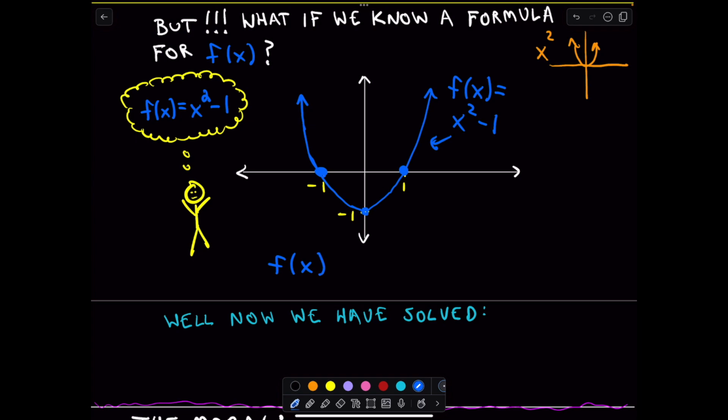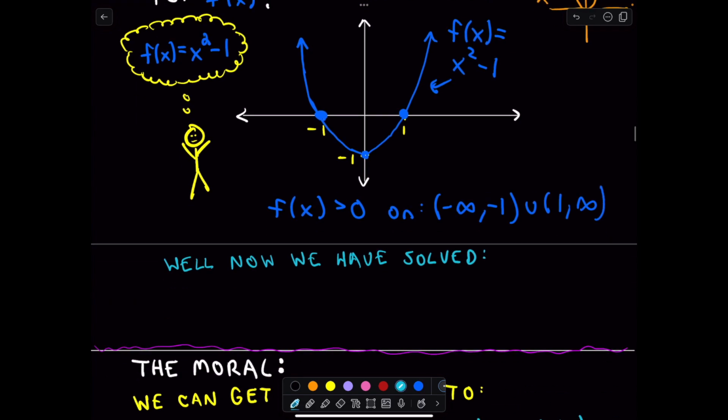Originally we solved f of x greater than 0. We said that was on the interval from -infinity up to -1, not including it, union from 1 to infinity. Well, now likewise we've solved, equivalently, x squared minus 1 greater than 0. We know where x squared minus 1 is greater than 0.